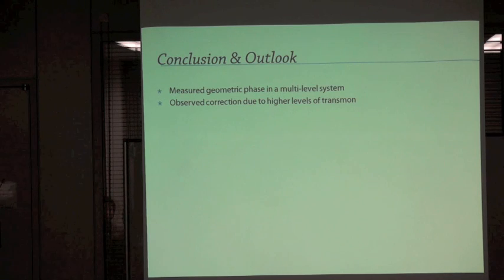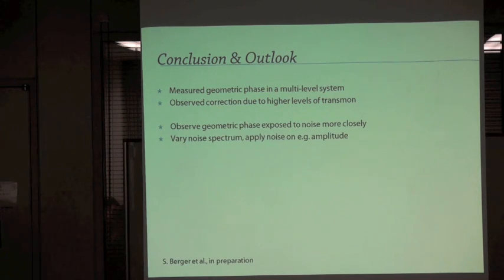So we've used the circuit QED setup to measure the geometric phase in a multi-level system, and we've observed and quantified the deviations caused from the two-level geometric phase due to the higher levels of our qubit. In the meantime, what we've also done based on this experiment is seen if geometric phases, due to an independence of time and energy, are really robust or not.